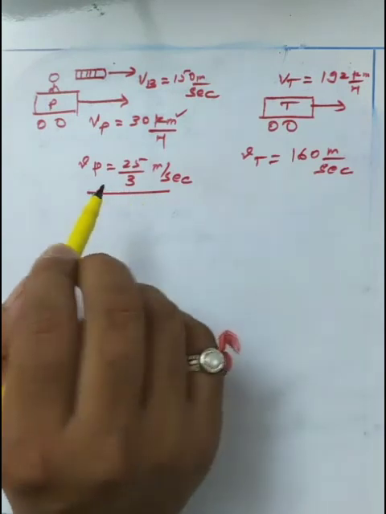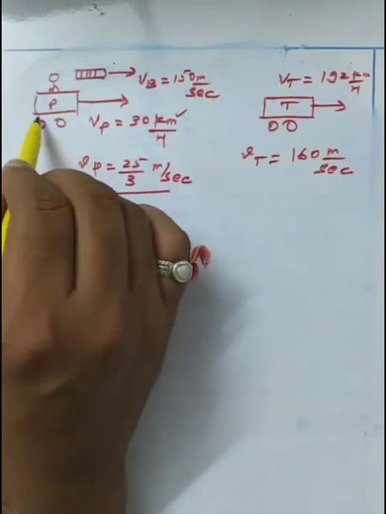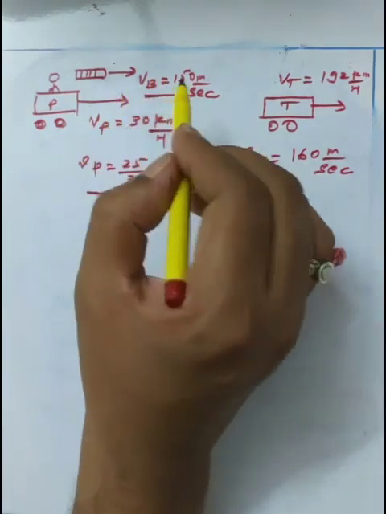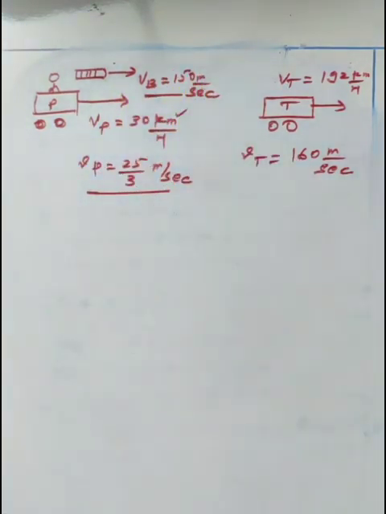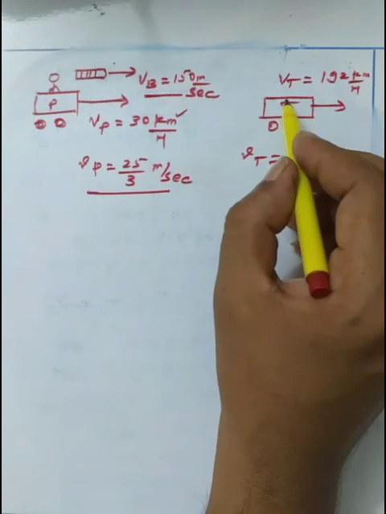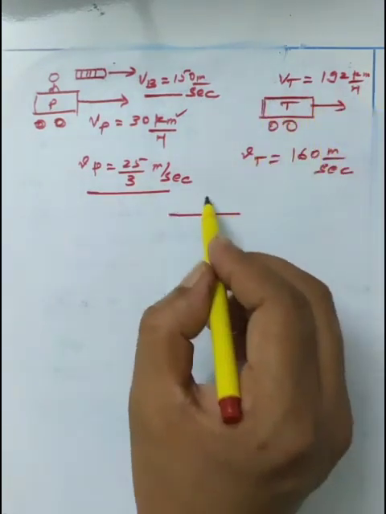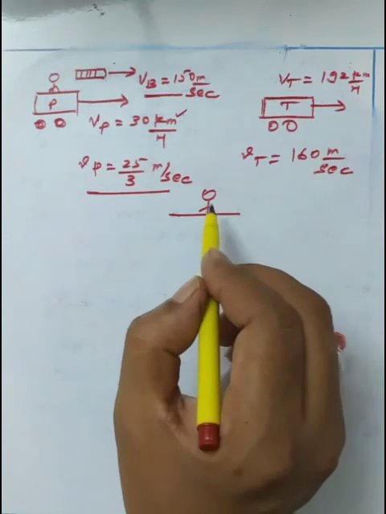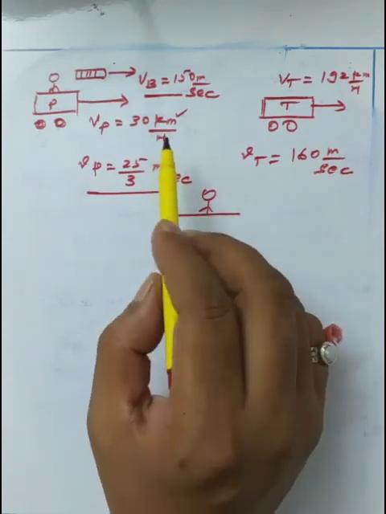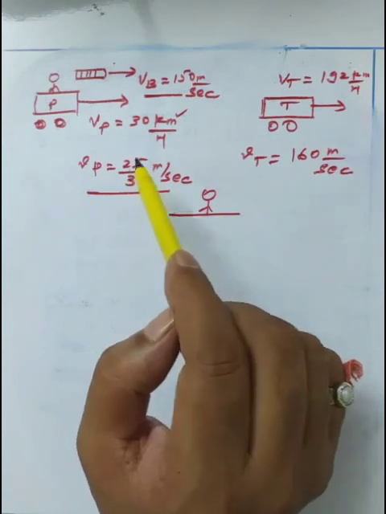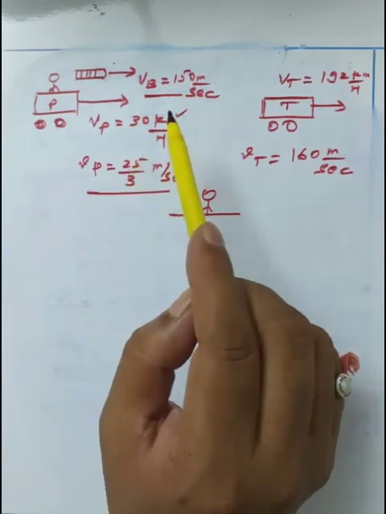Somehow the person standing in the police car fires a bullet, and the bullet has its own speed of 150 meters per second. Now it will hit the thief's car. The observer standing outside sees the velocity of the bullet as the addition of the velocity of the bullet and the velocity of the police van. So this is the complete velocity of the bullet.